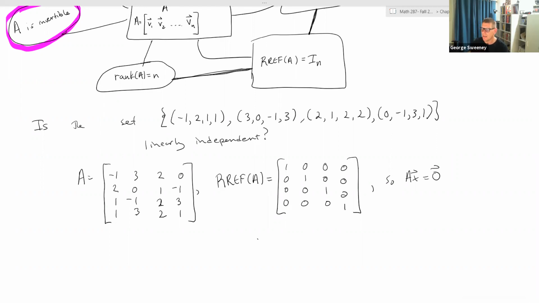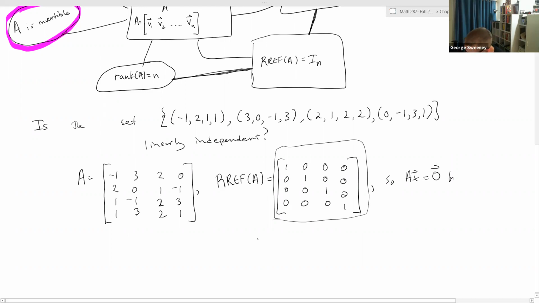Now, here's a couple of things. One thing to get here: if I get a matrix that looks like this, not just the identity, but one in which I have a pivot in every column, then Ax = 0 has only the trivial solution. That's very true, and that proves it.